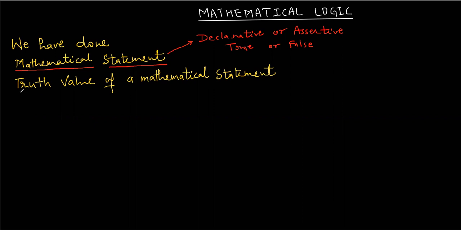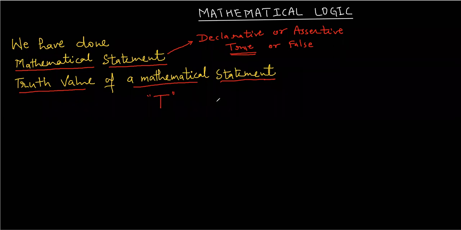This also we have done. Truth value of a mathematical statement: if the mathematical statement is true, then we say the truth value of the mathematical statement is T, or true.